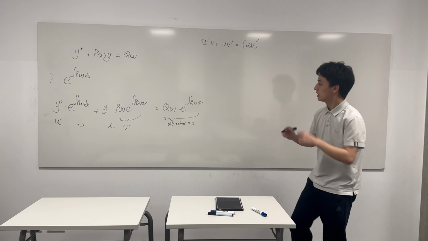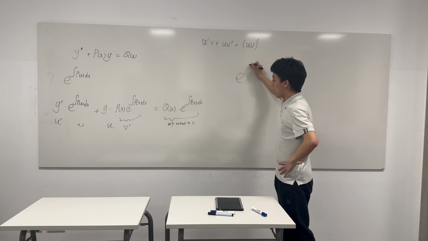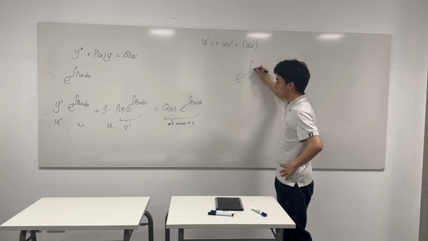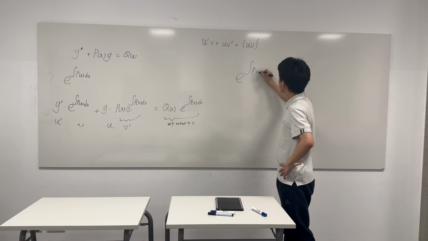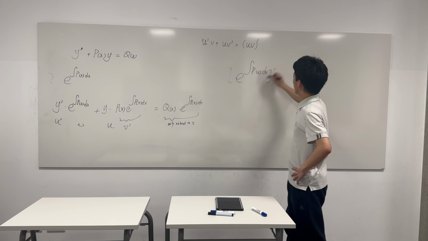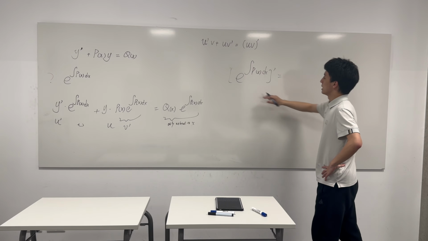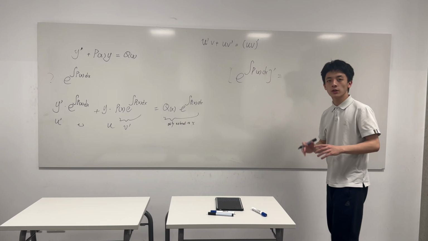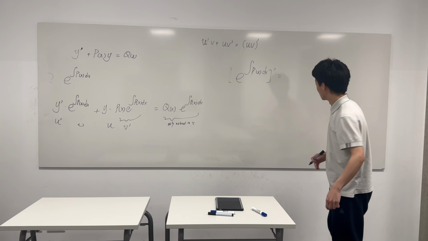So let's check. e to the power of indefinite integral px dx, let's calculate the derivative. We can use chain rule or onion rule.